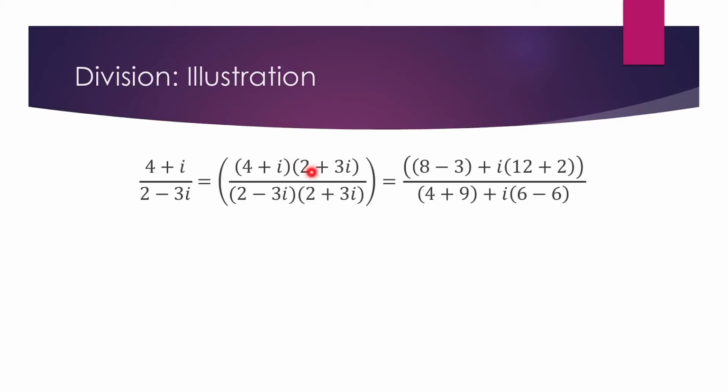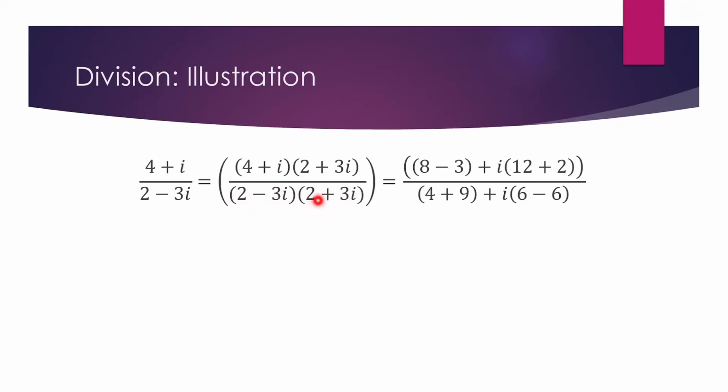x1 x2 means 4 times 2, 8, minus y1 y2, 1 times 3, so 3, plus i times (x1 y2, so 12, plus x2 y1, which is 2). The whole divided by the same thing, we will do the same here.